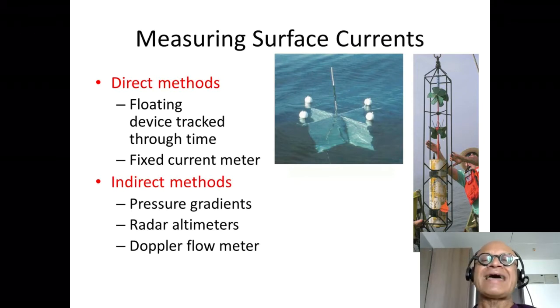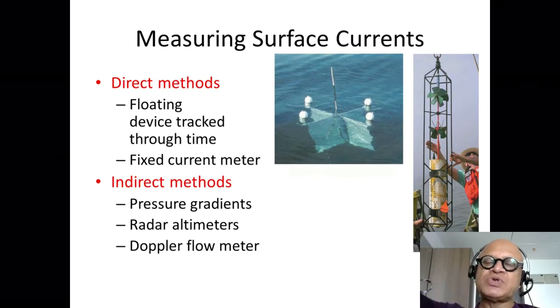And now there are satellites called radar altimeters. These are flying somewhere at 1400 kilometers above the Earth's surface, and they're measuring the surface elevation of the ocean at a few centimeters to a few millimeters.